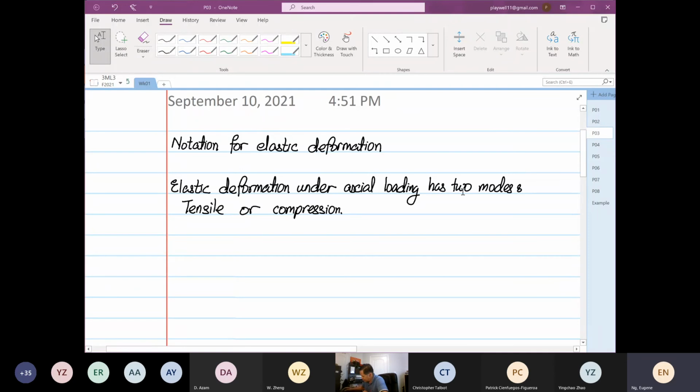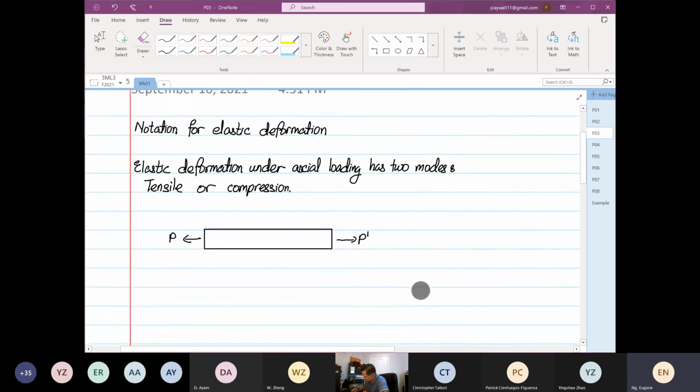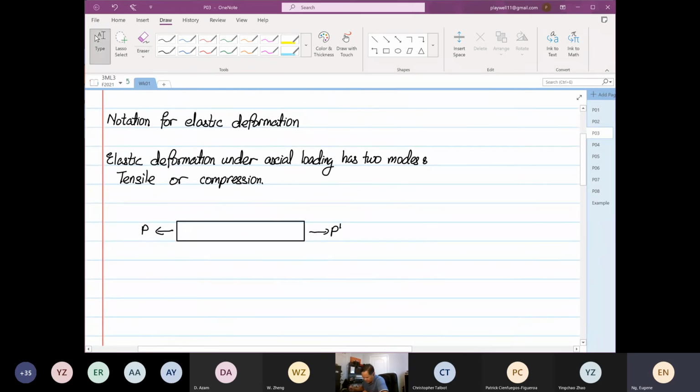So if we have a member, and the loads are pushing outwards, the coupled load is pushing outwards about its neutral axis, then the deflection, stress, and strain are all going to be positive.